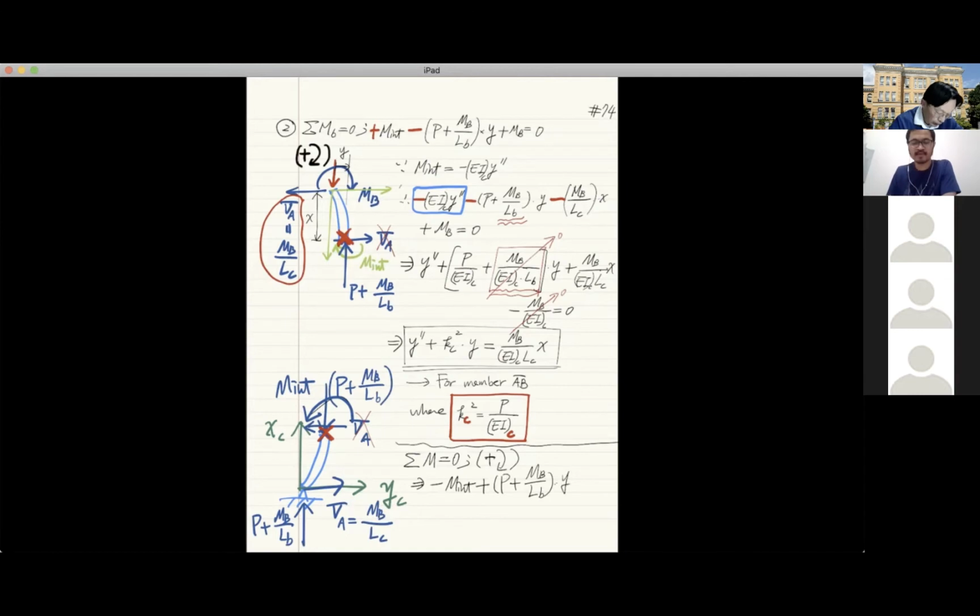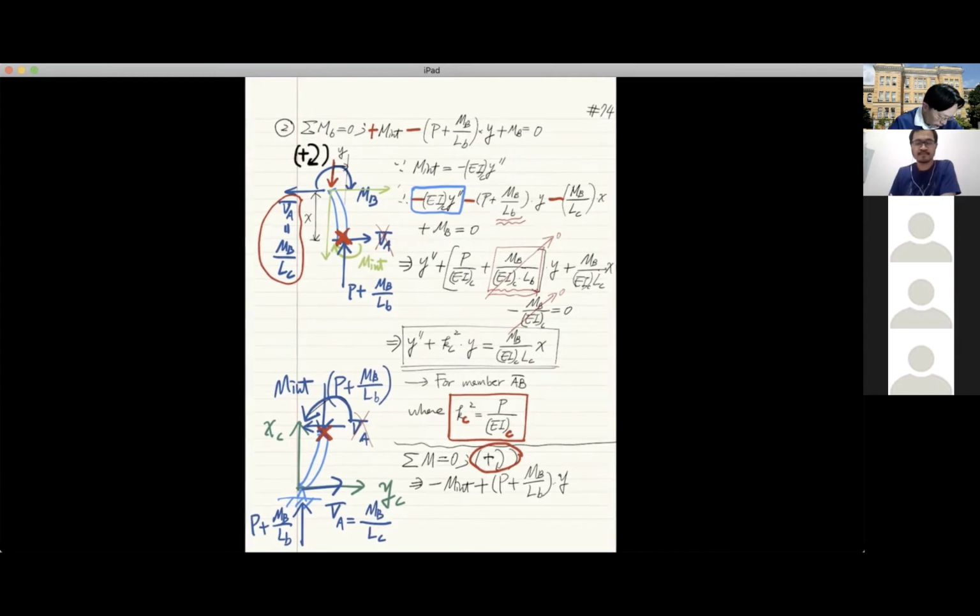I use Y here, but eventually we call it YC. So let's still use Y so we can make the comparison. Is the internal moment positive? No, the internal moment will be negative because we assumed clockwise to be negative. Pay attention to this. Okay. All right. And what else?